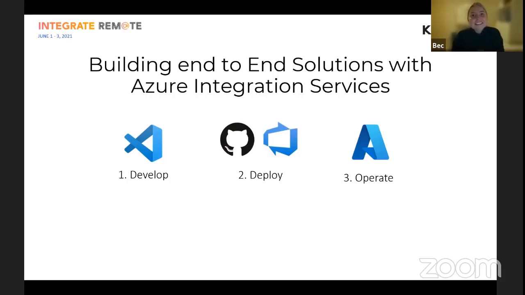What this means is I need the ability to write code and integrations using the same development tools with end-to-end testing and debugging in tools that I know and love, such as VS Code. I also need the ability to package up my individual components, build, test, and deploy them as one cohesive solution through Azure DevOps and GitHub pipelines.